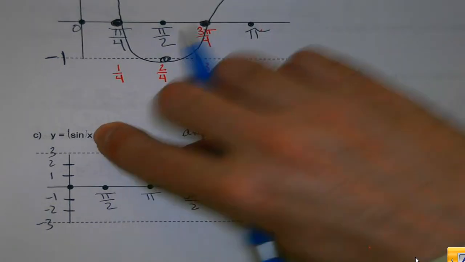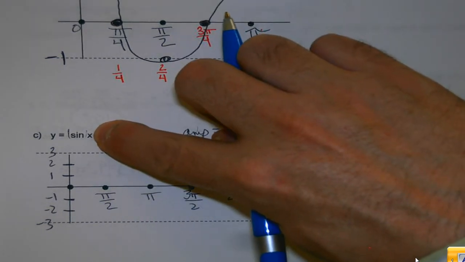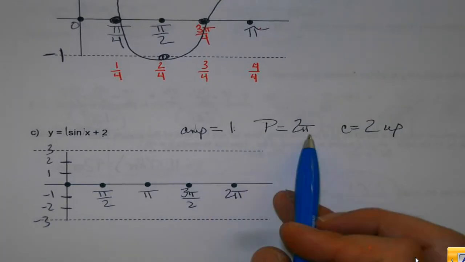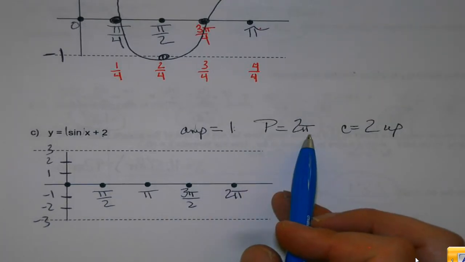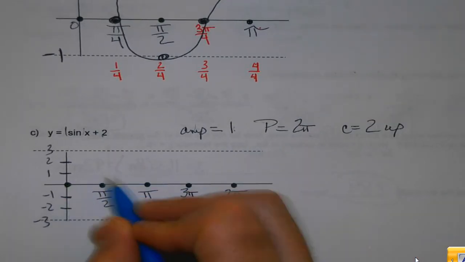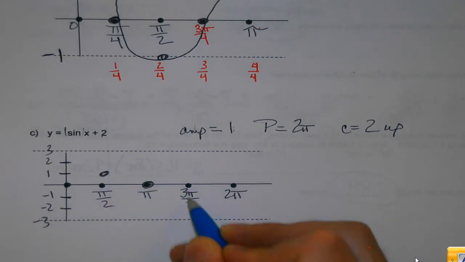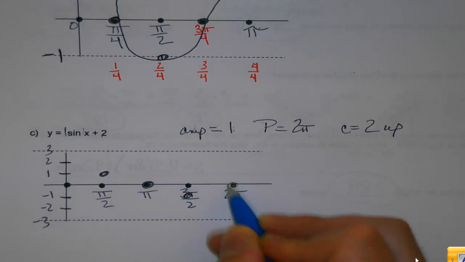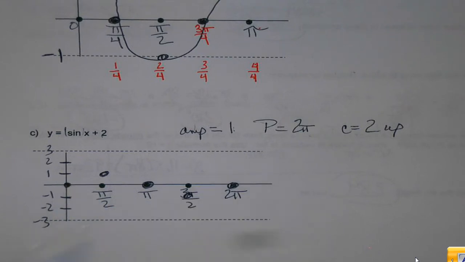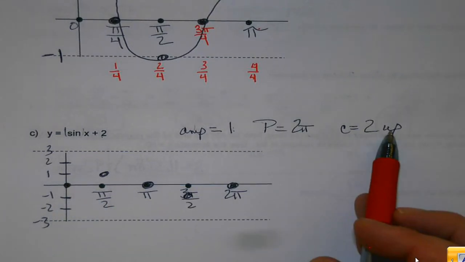So it's kind of like I ignore the plus 2 the first time through and just graph sine with an amplitude of 1 and a period of 2 pi. So if that was true, I'd go 0, 1, 0, negative 1, 0. But then I'm going to shift them all up.